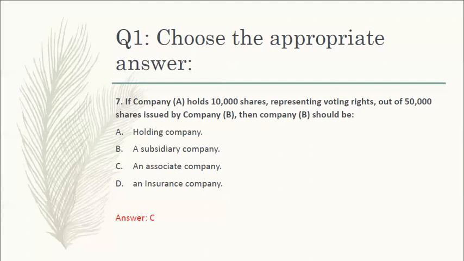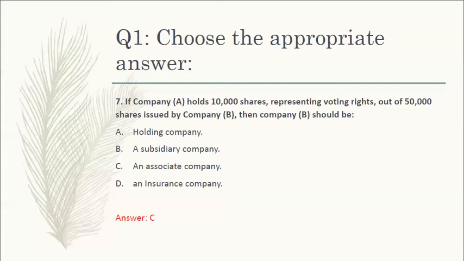Question number 7. If company A holds 10,000 shares representing voting rights out of 50,000 shares issued by company B, then company B should be: first choice, holding company; second choice, a subsidiary company; third choice, an associate company; fourth choice, an insurance company.